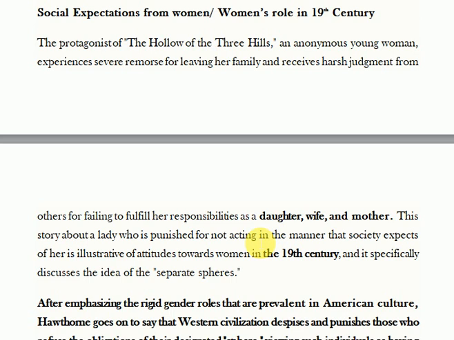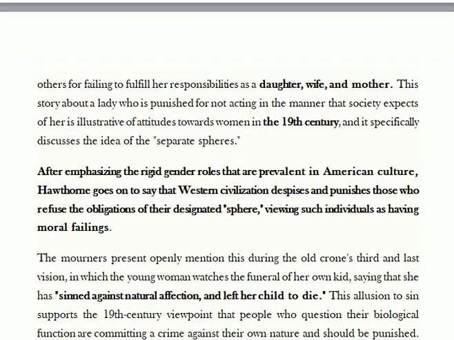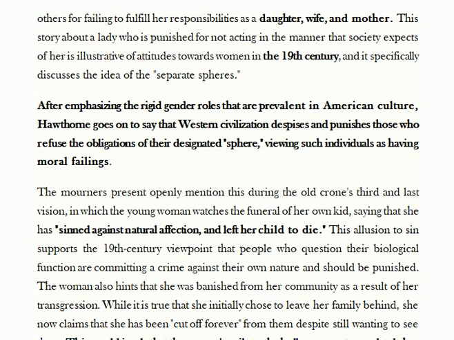And that is also illustrative of the attitude towards women in 19th century America. That also specifically discusses the idea of separate spheres for both men and women, and Hawthorne discusses this idea of separate spheres in the present story too.